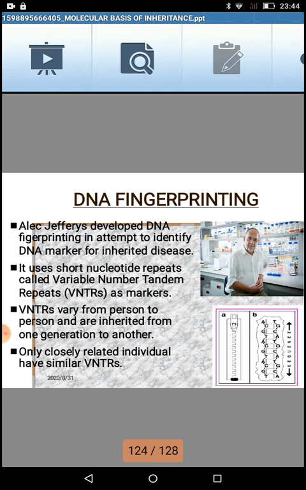For example, if it is present in individual A and any other sample of individual A is found from somewhere else, maybe blood, maybe skin, maybe hair, it will have the same kind of VNTRs as the human body cells. That is sure. But similarly, if individual A is a brother and individual B is a brother or sister, both of them will have maximum VNTRs related to each other. They will be similar in nature.